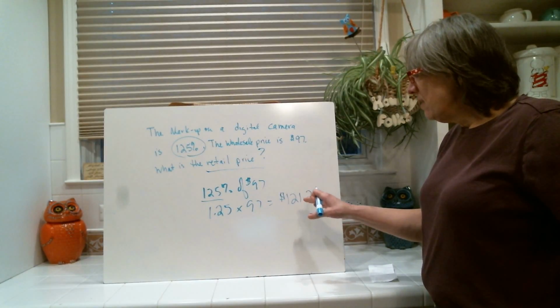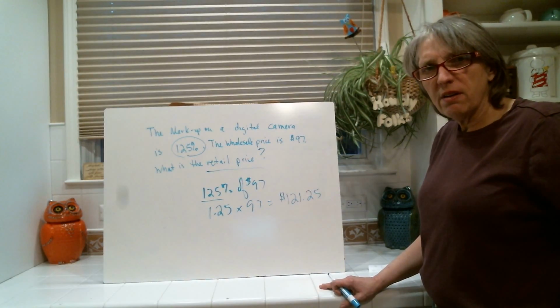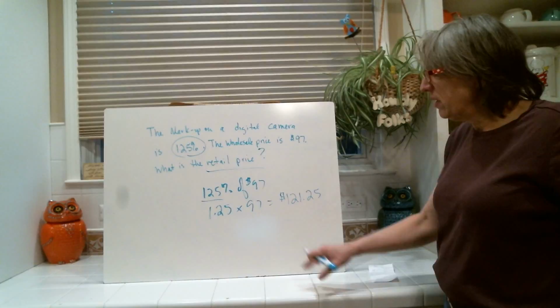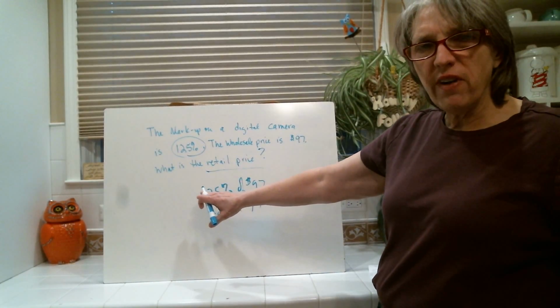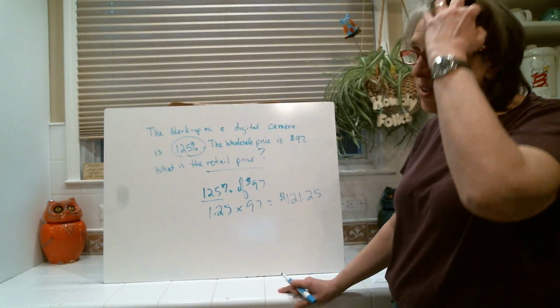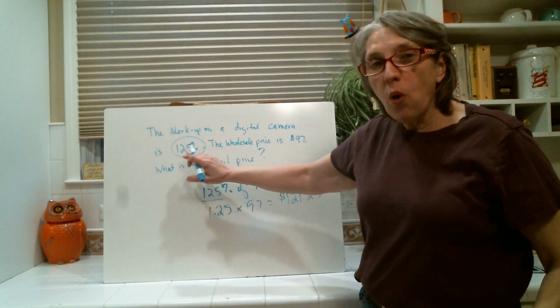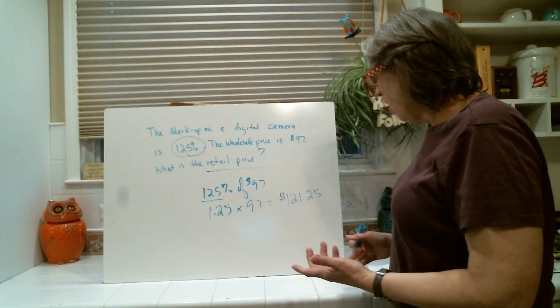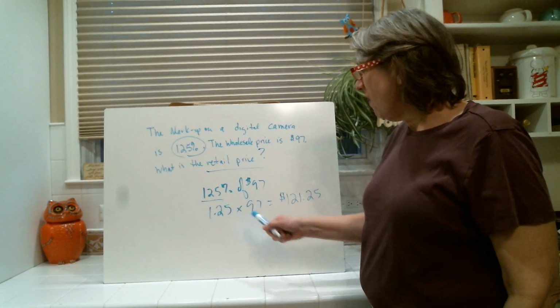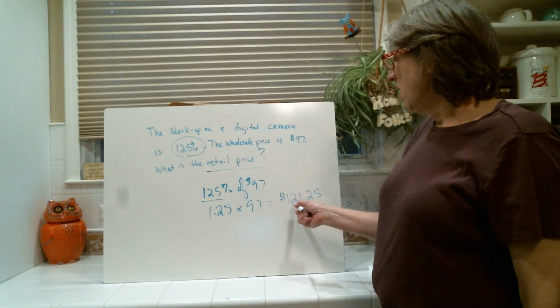You're going to pay $97 plus another 25%. It's a 25% markup. But because I wrote 125%, I get the final cost right away. If I had said I'm going to mark it up 25%, then all you would do is multiply 0.25 times 97, and you would have gotten less than this.